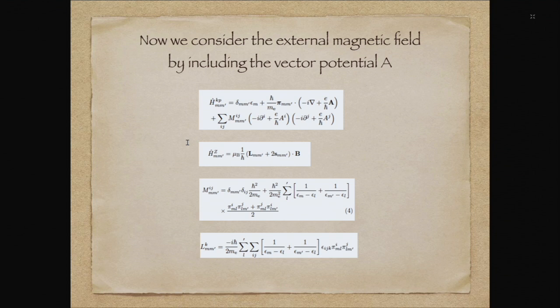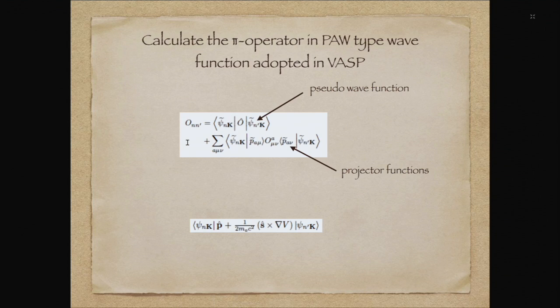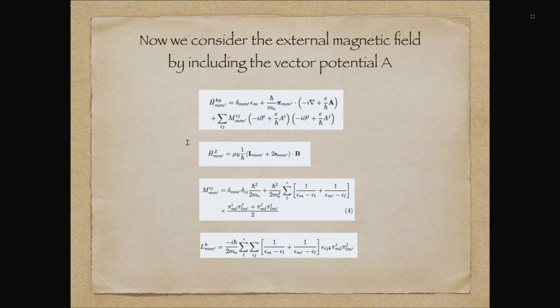We call it L. Combining these two, we can extract the g-factor tensor from this L operator and the S operator. In order to compute this L operator, it is nothing but some complicated combination of this pi operator, which is nothing but the momentum operator.